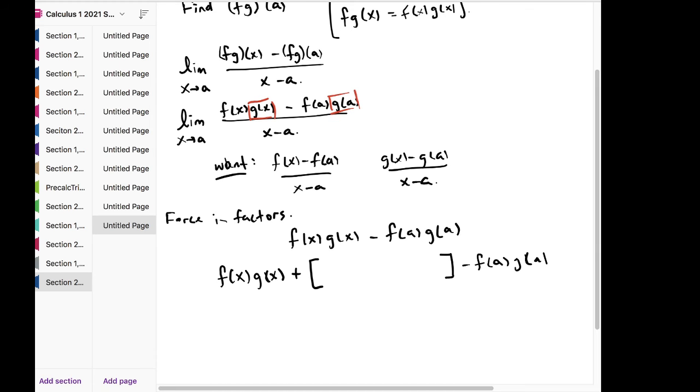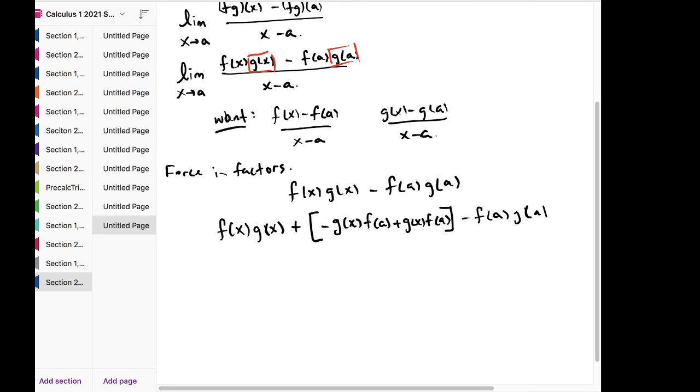So let's add in negative g of x f of a, and then plus g of x f of a. Everyone agree that I can add that term in? Why can I add that term in, by the way?